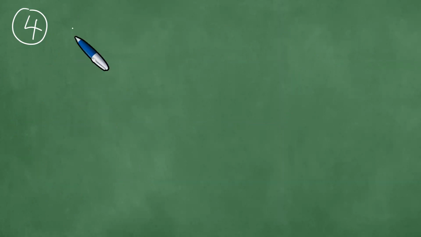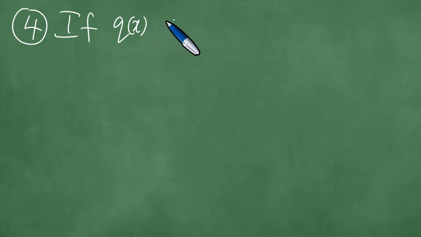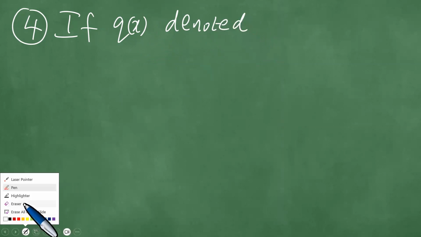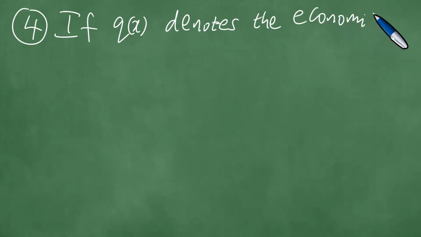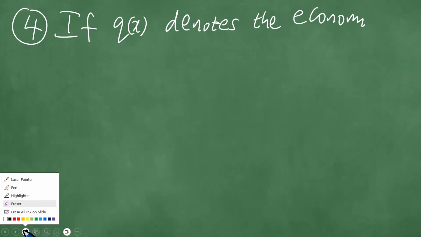If Q of x denotes the economized series, you can use the American Z in this question, the American Z for the word economized.